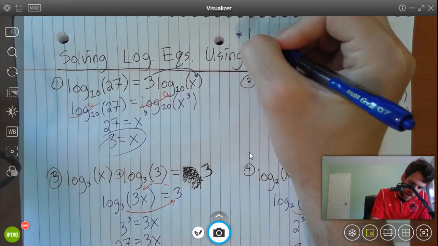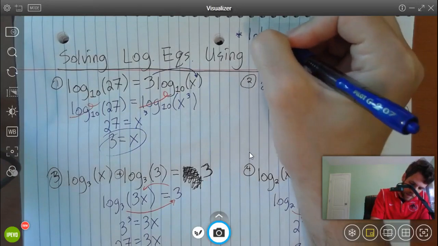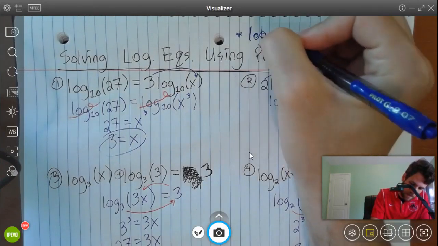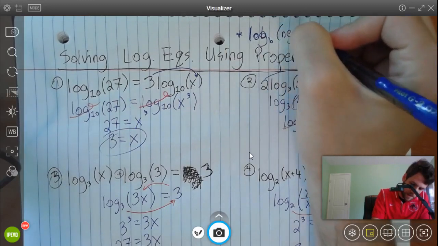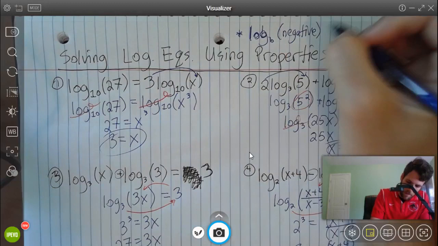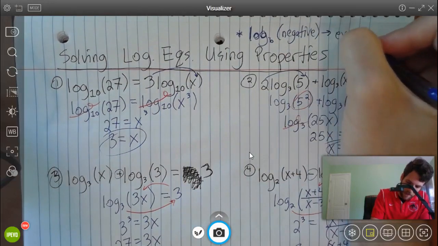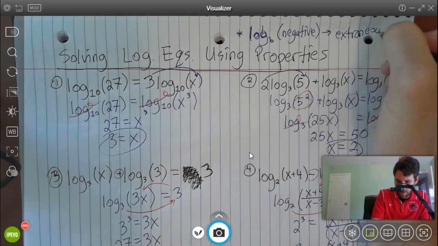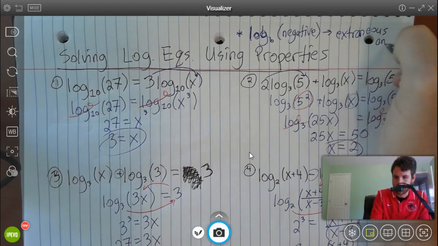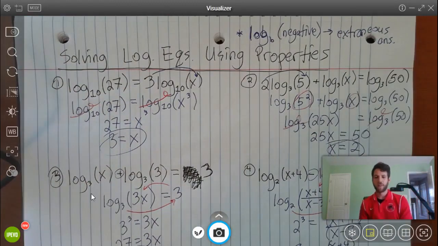Log base b of a negative means extraneous answer. Extraneous means an answer that does not work. That is it for solving logarithm equations using properties for this video.